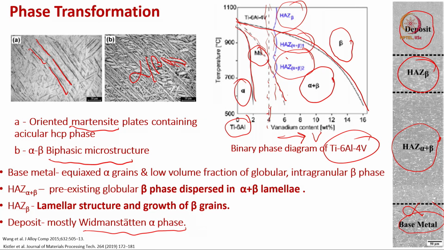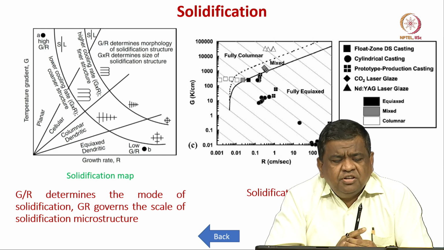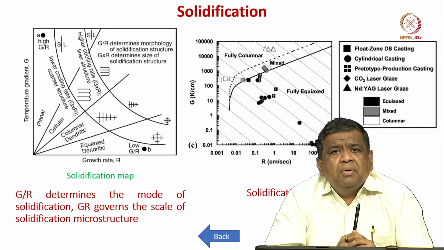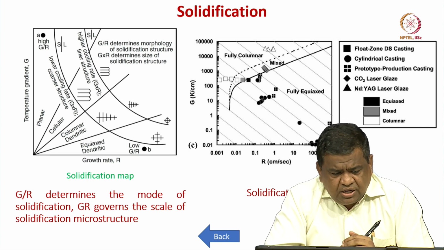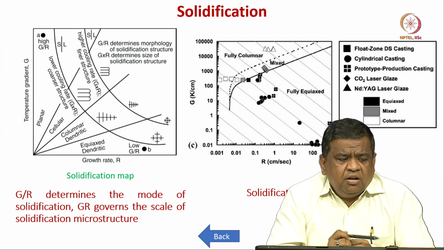Now, solidification. When this material gets melted, it eventually solidifies, but in the case of the laser based additive manufacturing process, the solidification is very rapid, so it is one of the rapid solidification processes. What are the two things that are important in this solidification?